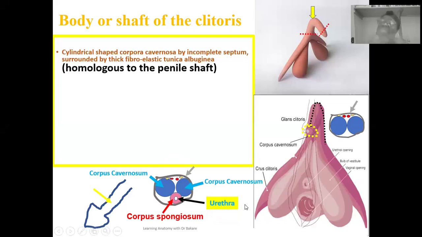So it's almost a similar configuration, but the distinct difference that they present is the corpus spongiosum. The corpus spongiosum is not seen in the shaft or the body of the clitoris. And this is because the shaft or the body of the clitoris does not give a passageway for the urethra. If you go back to the penis, the shaft of the penis gives a passageway for the urethra.